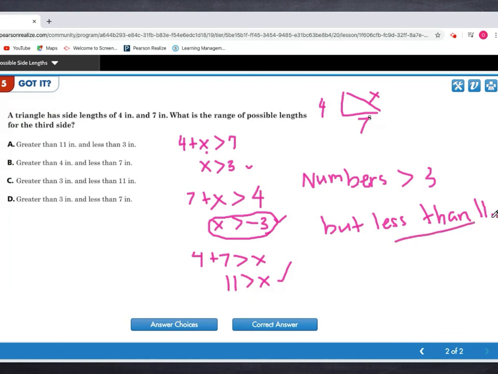Why less than 11? Since the third inequality states that 11 is greater than any value of x. So the possible lengths of this side x must come from numbers greater than 3 but less than 11.